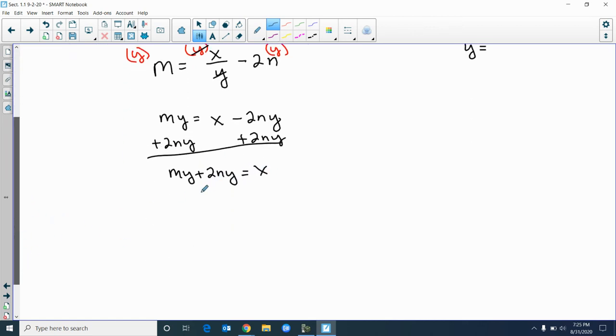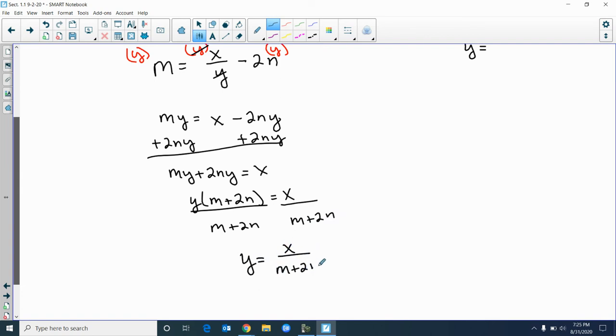Now, at this point, factor out the y. It's a GCF. And now I'm going to divide by m plus 2n. And I get y equals x over m plus 2n.